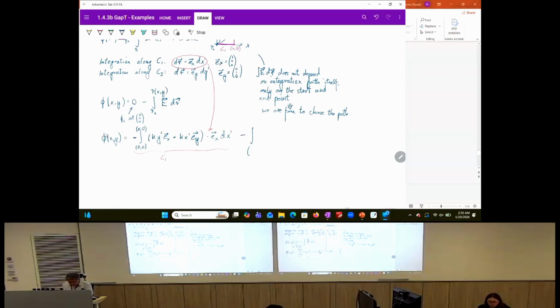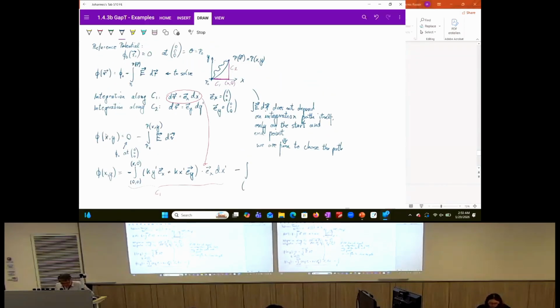So again, we have to integrate, this time from this point here. Actually, this is where we ended C1. So that's the starting point of C2. That is x0. And the end point then is xy. So we integrate. What is the electric field? Again, of course, it is the same formula.